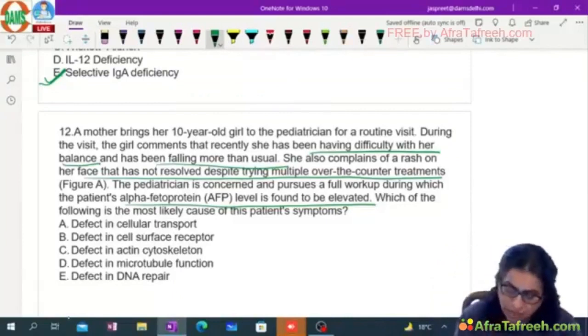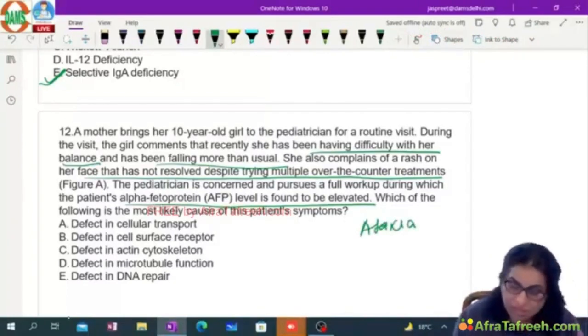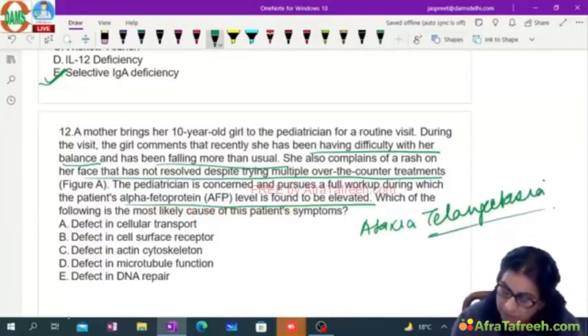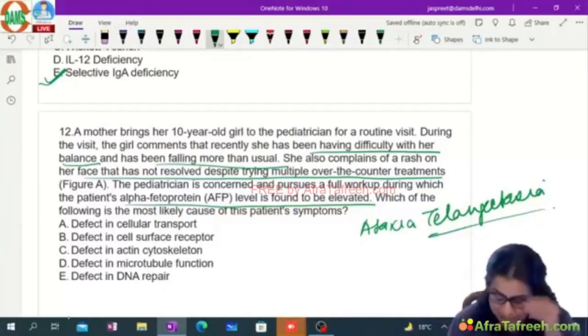So this whole story, difficulty in balance, falling more than usual, rash on the face, and raised AFP levels, this is the story of ataxia telangiectasia. Because of ataxia, she has difficulty with balance. Telangiectasia, where she's developed a rash, those telangiectatic vessels on her face.